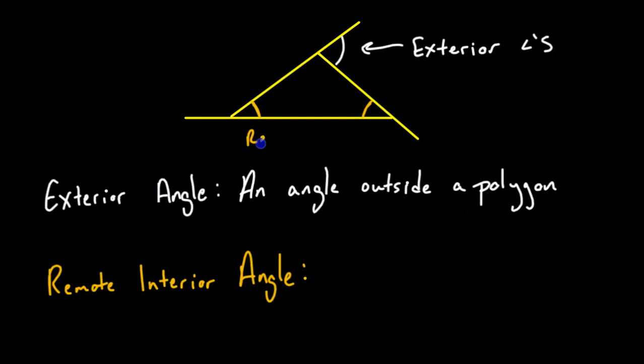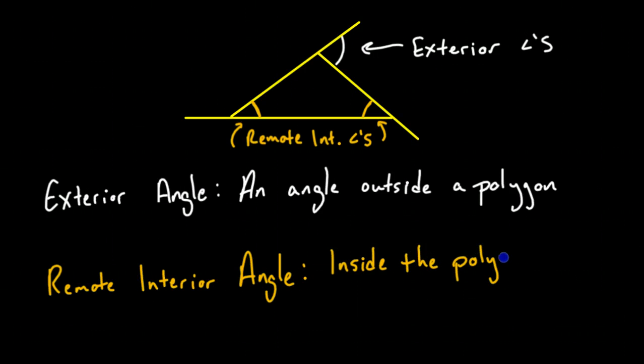And the reason that that kind of is true is because if we have remote interior angles, we want the angles that are not adjacent to our exterior angle in question. So again, kind of a little bit more specific. They are the inside the polygon angles that are not adjacent to the exterior angle.